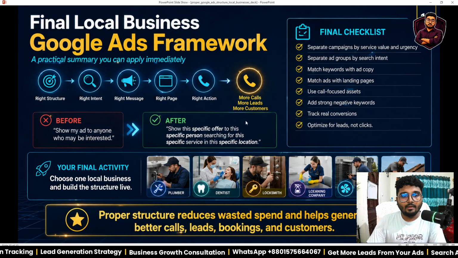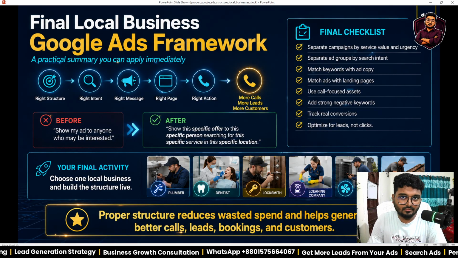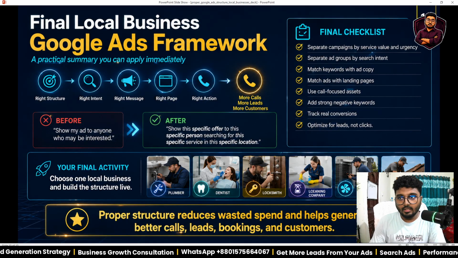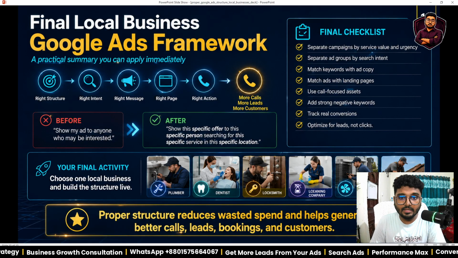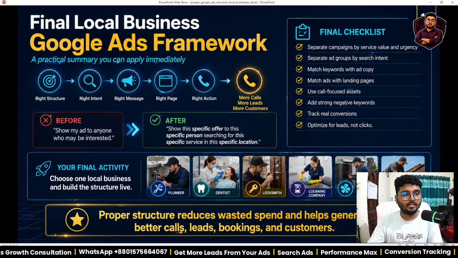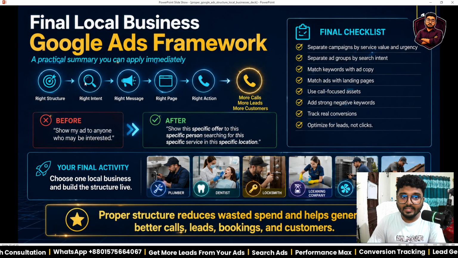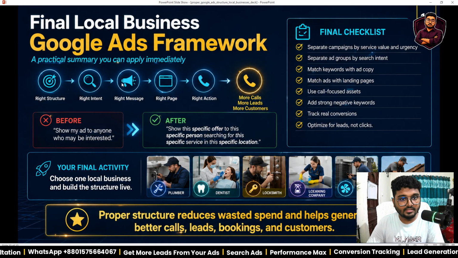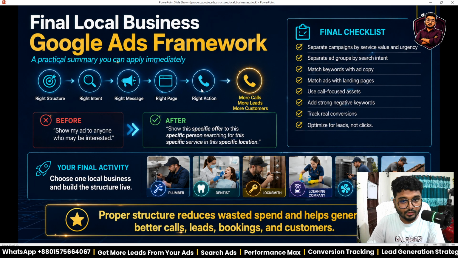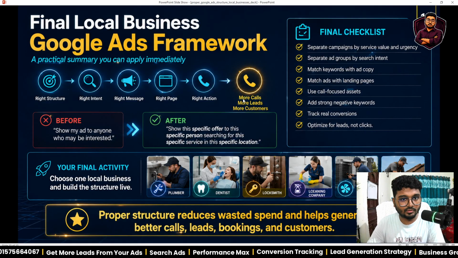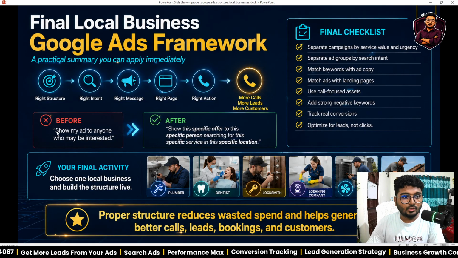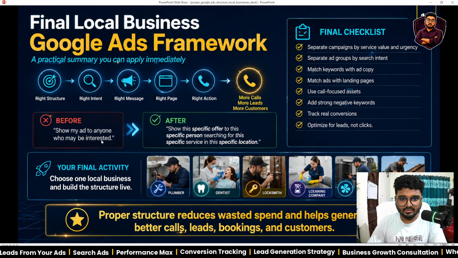So my final structure, or final presentation, is the Google Ads framework for local businesses. The best framework is right structure, right intent, right message, right page, right action, and the result is more calls, more leads, more customers. Before, show my ad to anyone who may be interested.